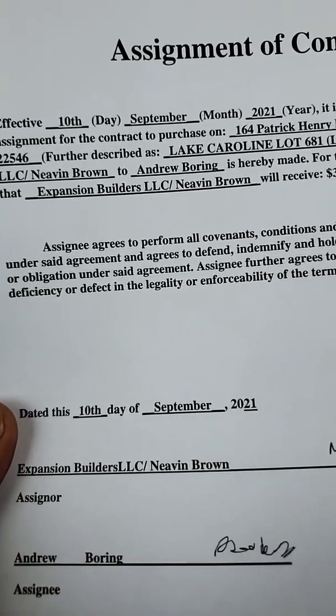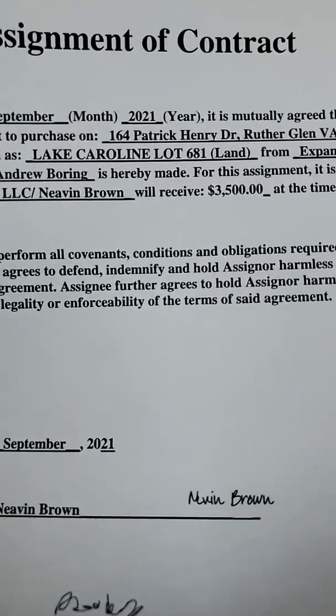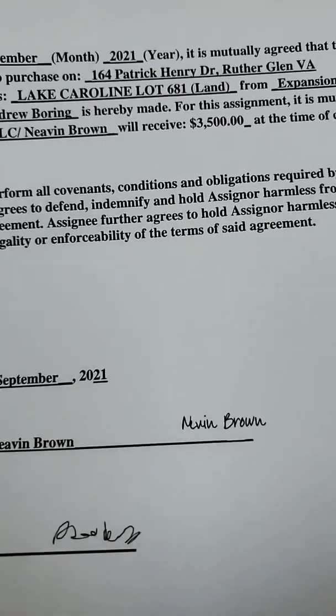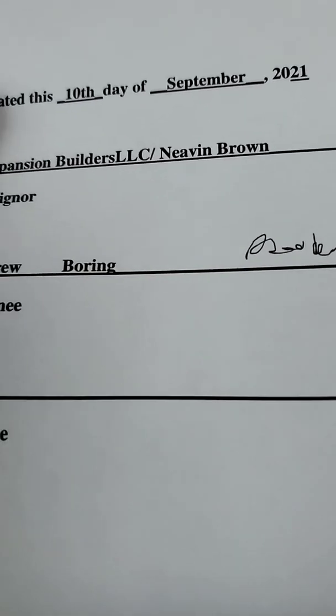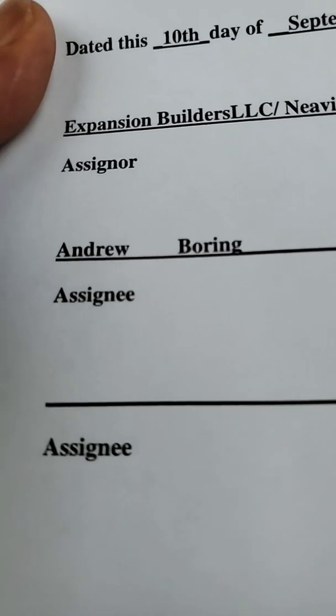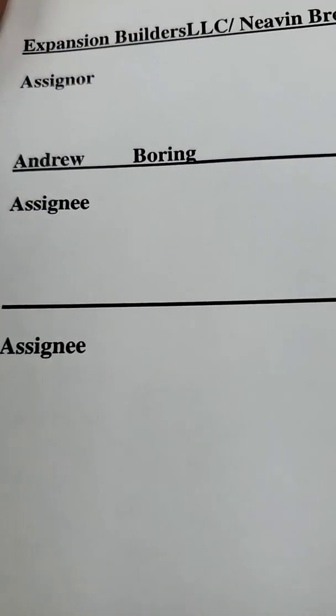That's me right there, the person who will receive or make profit at closing on what I assigned it for. Remember, guys, I got it for $8,000. I'm selling it for $11,500. I'm the assignor. He is the assignee.